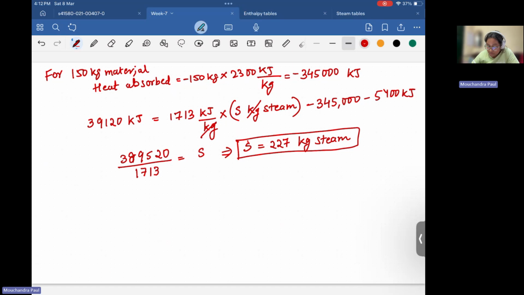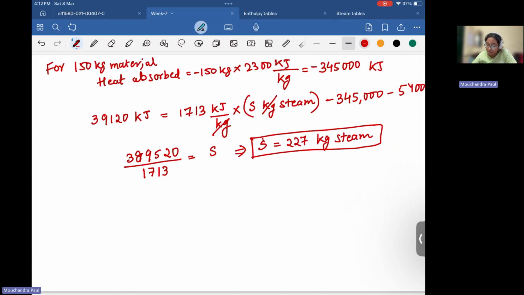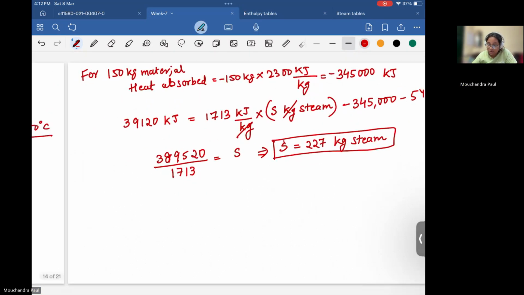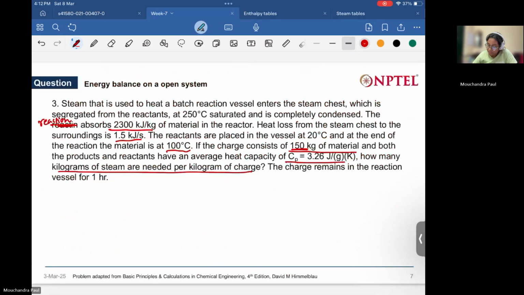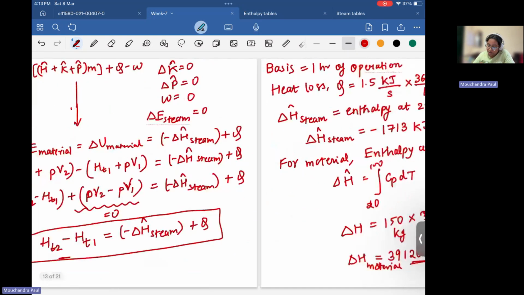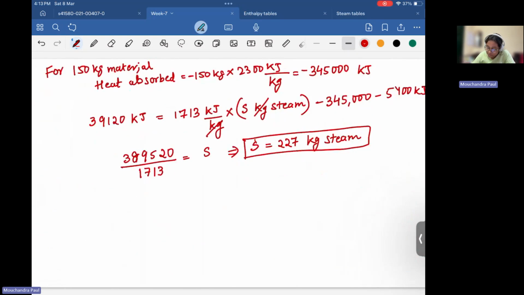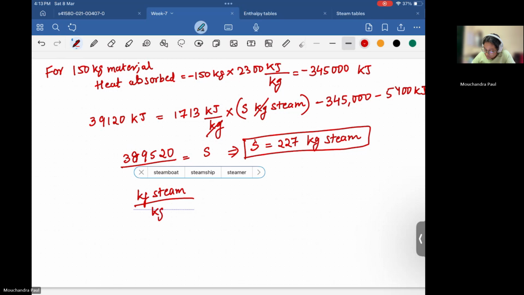Now, since you are asked in this question to determine how many kg of steam are needed per kg of charge, the charge is 150 kg. So kg steam per kg charge will become 227 by 150.